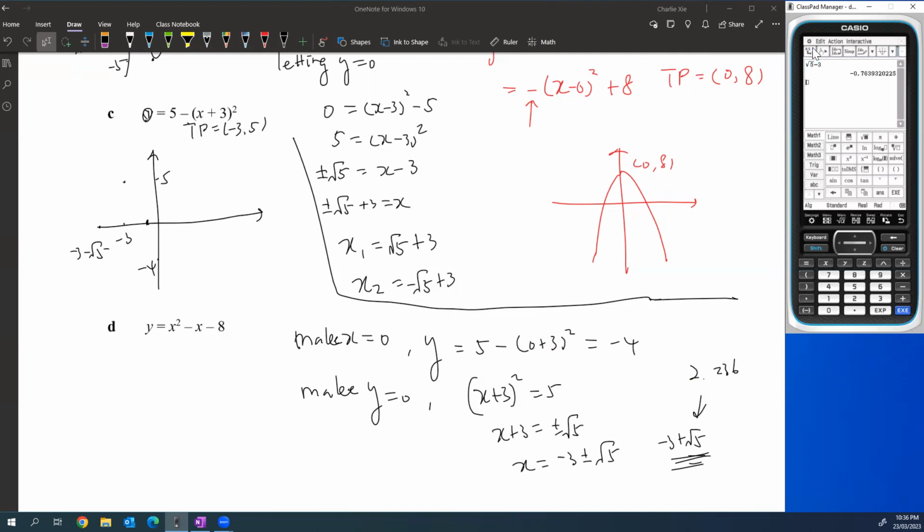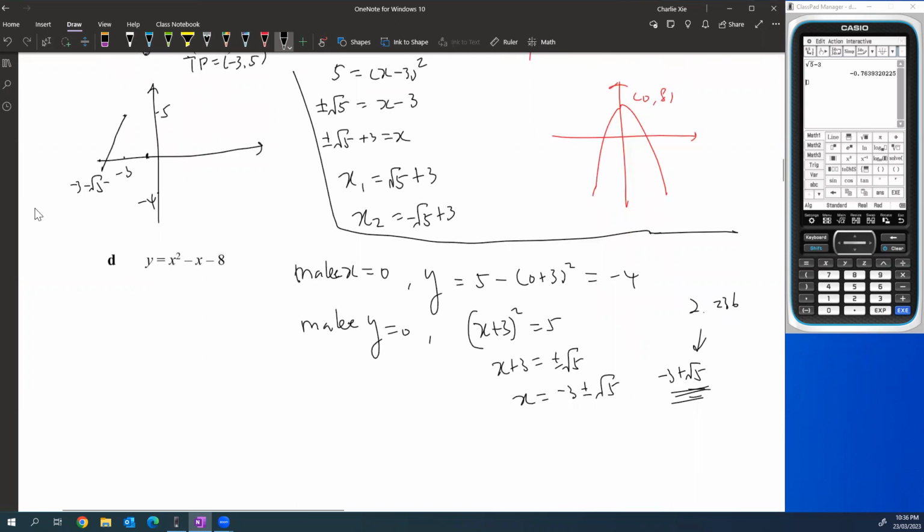Change to decimal, that's a negative number. Okay, so using a smooth curve, there you go. So you've got -3, 5. Forgot that one, so that would be -3 plus root 5.